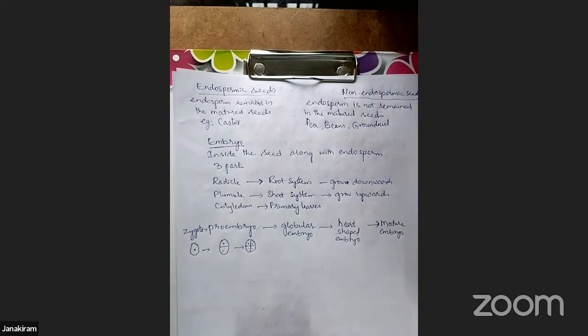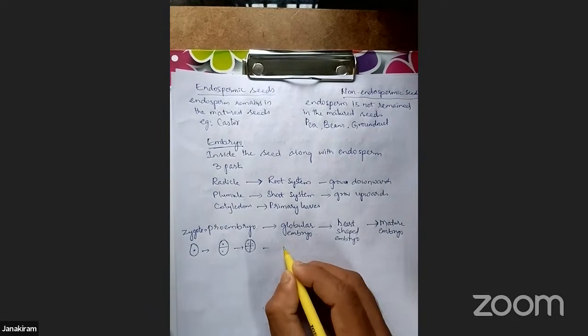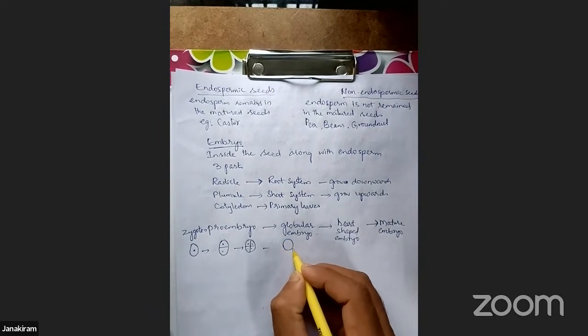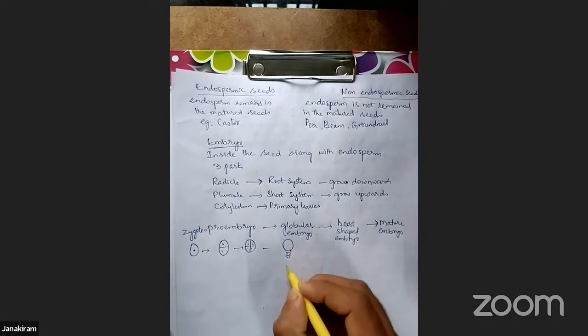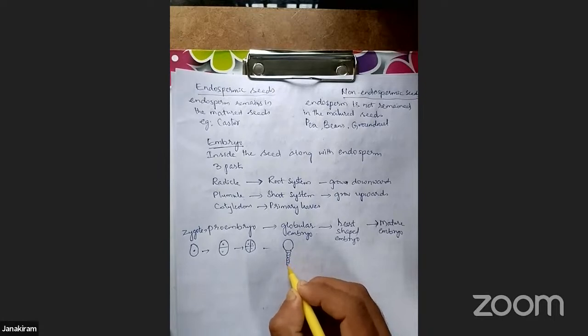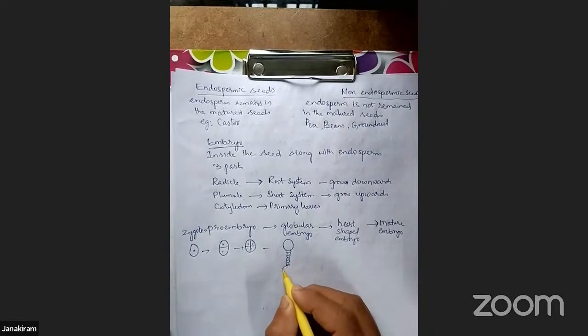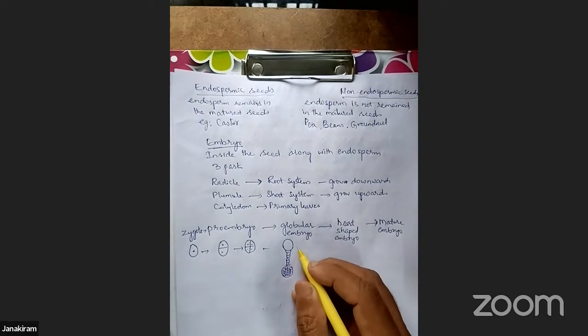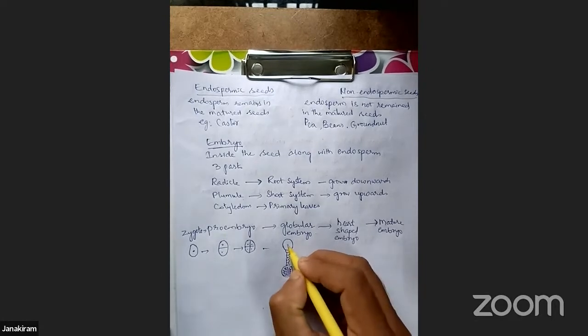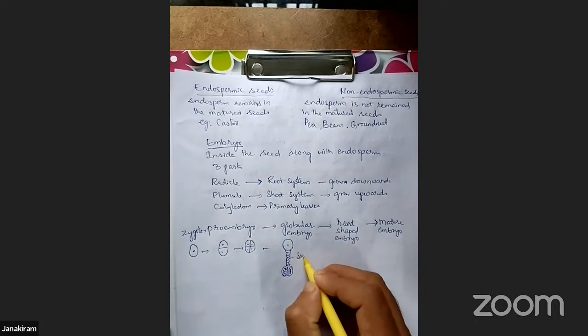Later, gradually the mitosis increases, forming a long and elongated structure with a suspensor like this. This structure with a globular organization is called a globular embryo, which contains a suspensor.